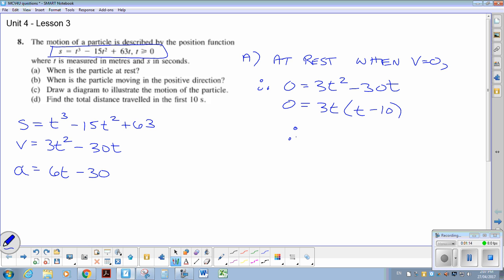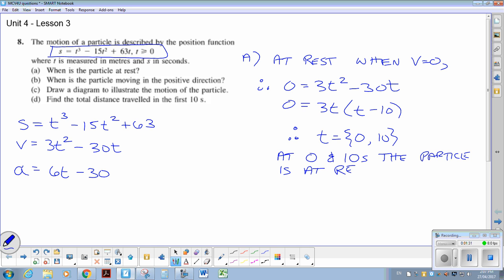So therefore, the solution would be t equals 0 and 10. So at 0 and 10 seconds, the particle is at rest. So there's A.